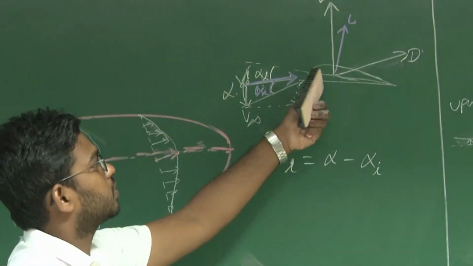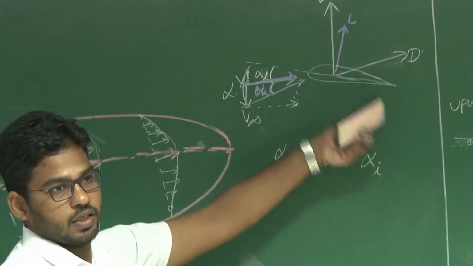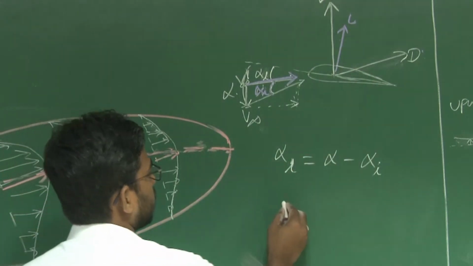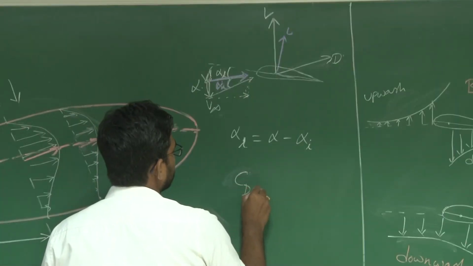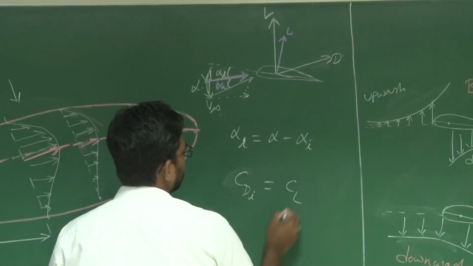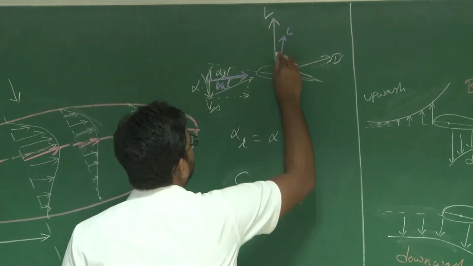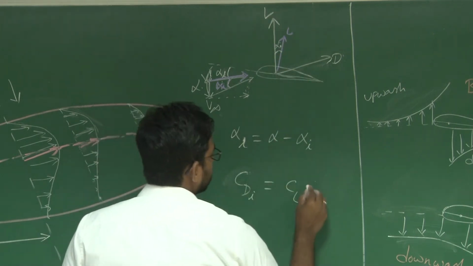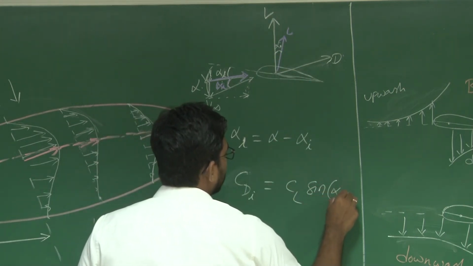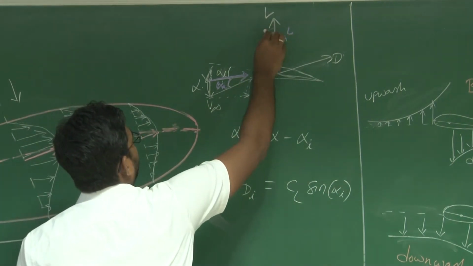This local lift will also have a component along the drag of this entire wing. So the component is, say, CDI is equal to CL into sine alpha I. Why? Because this angle is 90 degrees.